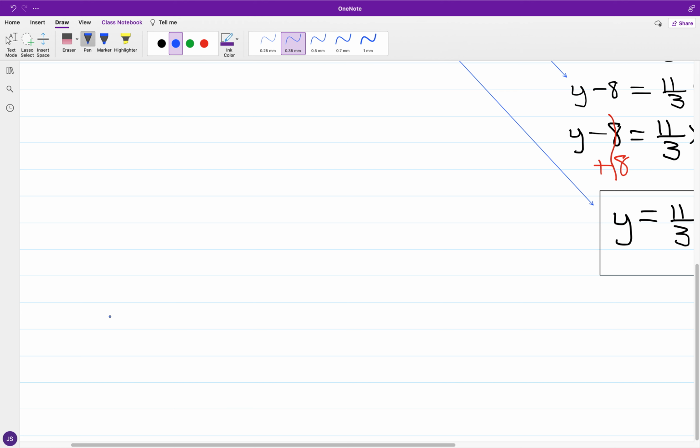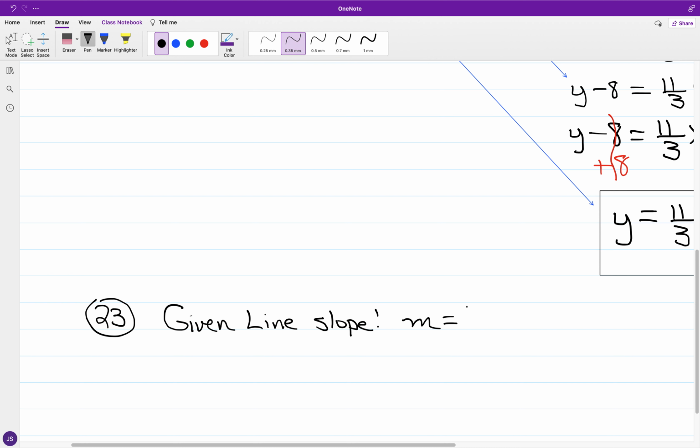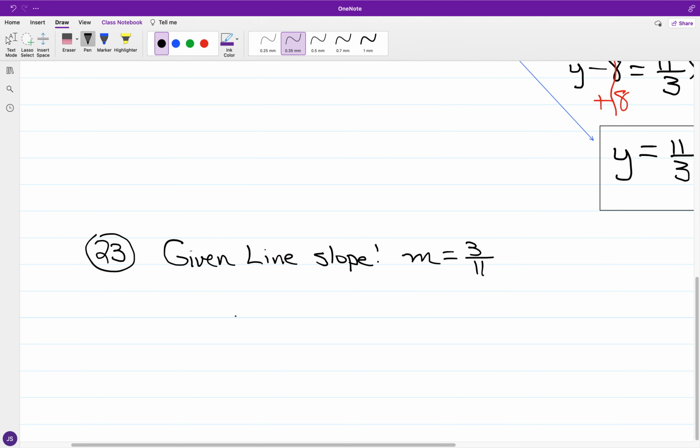In the case of number 23, for the given line, the slope value is going to be 3/11. So you have the given slope at 3/11.